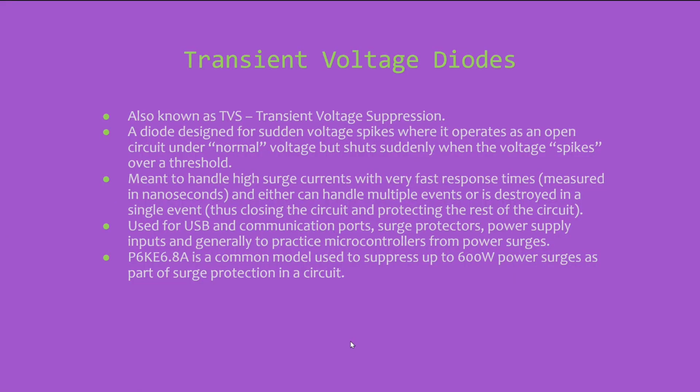And then we have transient voltage diodes. These use the avalanche effect. Sometimes they're known as transient voltage suppression. It's a diode designed for sudden voltage spikes where it acts as an open circuit under most voltages, but it'll shut down suddenly when the voltage spikes over a threshold. It's meant to handle high surge currents with very fast response times measured in nanoseconds.